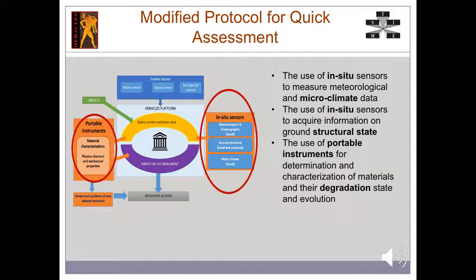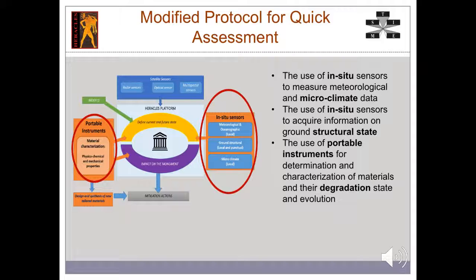So a characteristic of the protocol is that it can lead to a fairly considered and extensive analysis. And so one of the innovations associated with the Heracles project was a modification of this protocol for quick assessment.